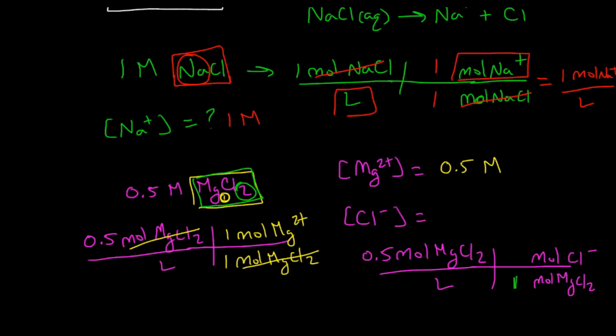So 1 magnesium chloride contains 2 chlorides. Moles of magnesium chloride cancel, and I'm left with 0.5 times 2, so I actually have 1.0 molar chloride. There's twice as much chloride as there is magnesium because there are 2 chlorides for every 1 magnesium.